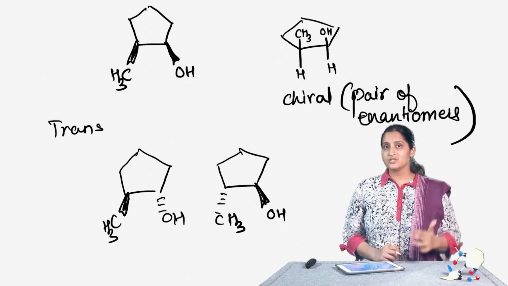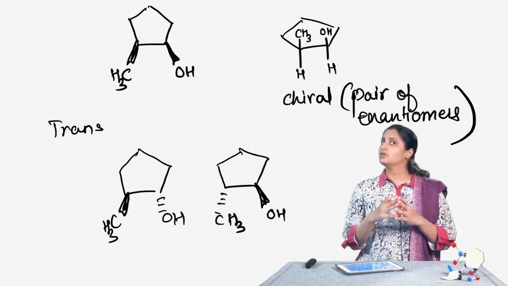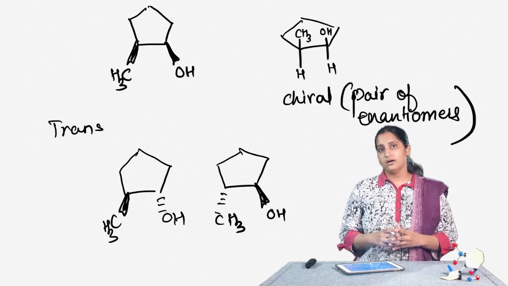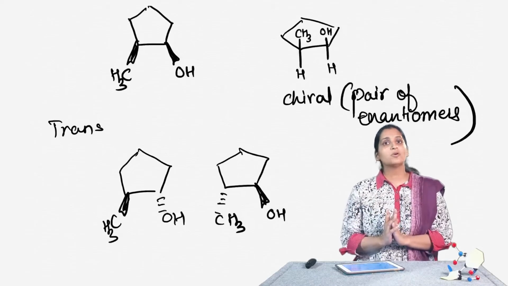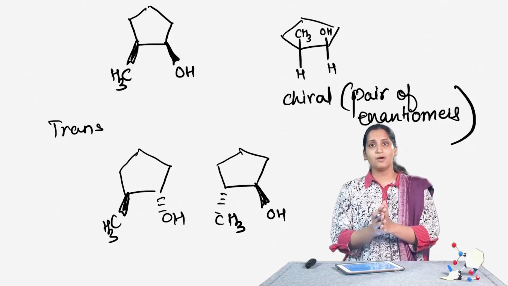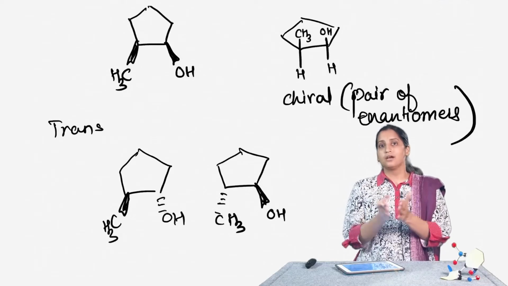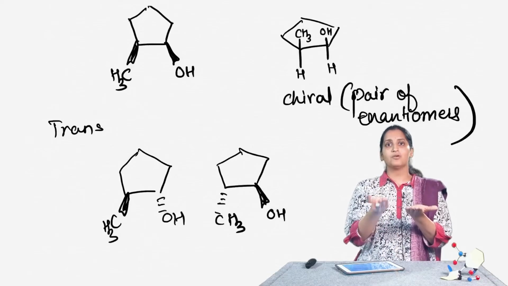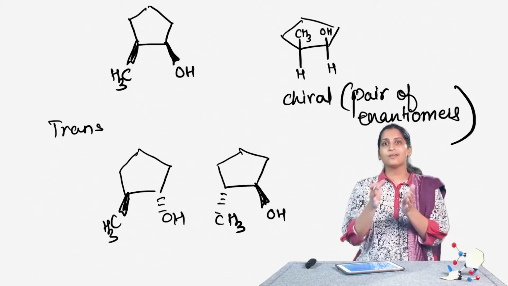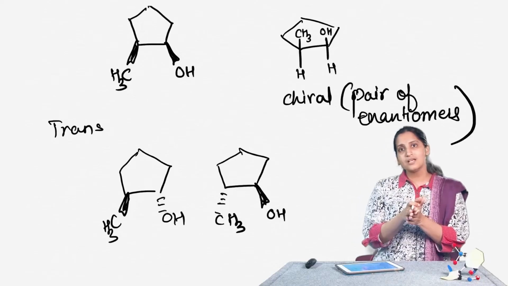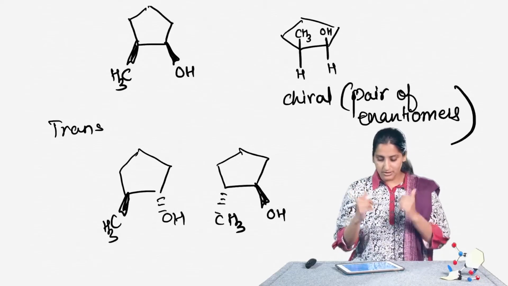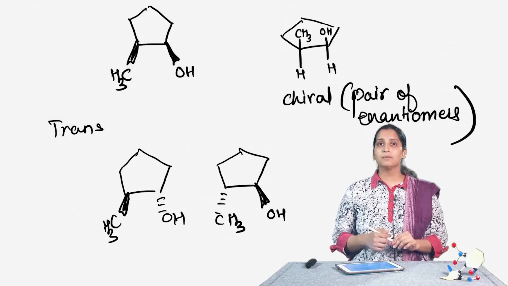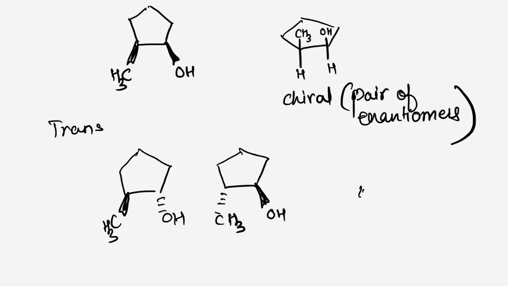Again, there is no plane of symmetry. So, you are not going to have it as a meso compound. Remember meso compounds, when you have a plane of symmetry, the compound cannot exist as a chiral compound because the molecule can really fold in on itself. So, in the case of trans compounds, in this particular case, you cannot have a plane of symmetry. So, this will also be a chiral compound, and it will exist as a pair of enantiomers.